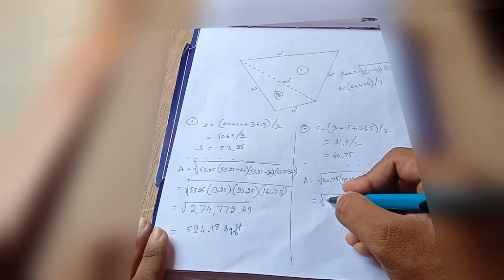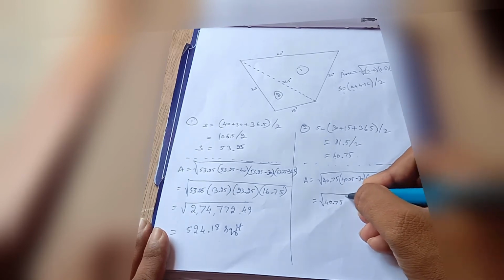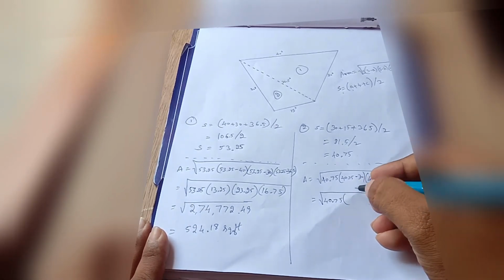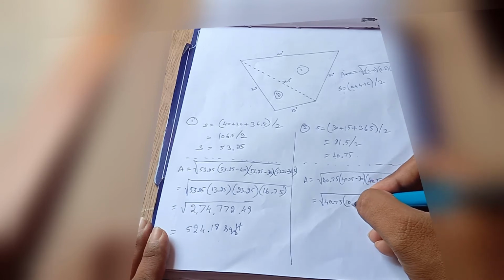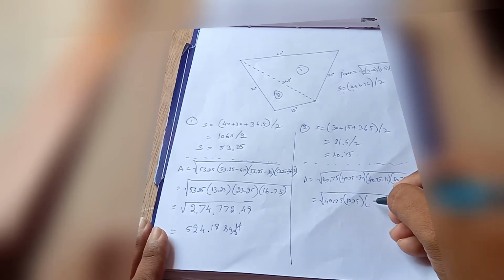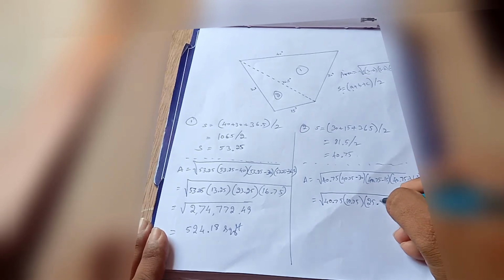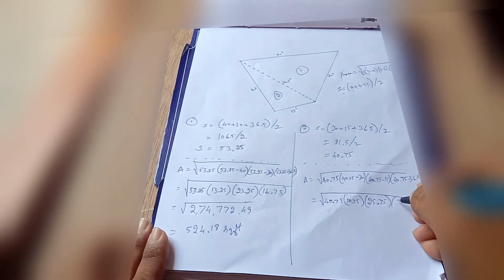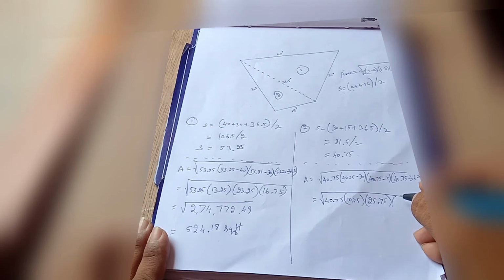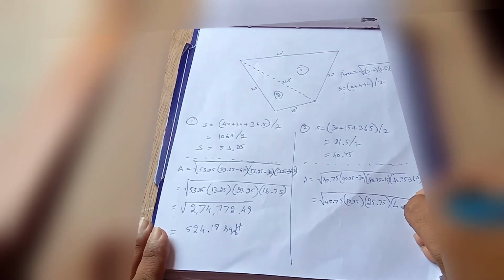What we get is 40.75 into 10.75 and 25.75 into 4.25.